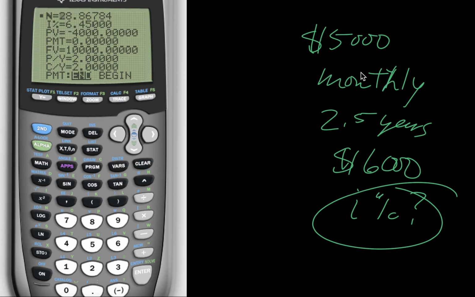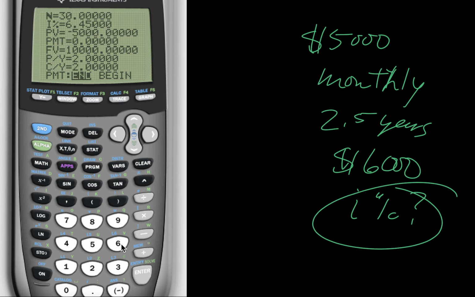Okay. So once again, monthly 12 times for 2.5. So 12 times 2.5 is going to give us 30. So we enter 30. The interest is what we want to know, so just skip over that. The principal amount is 5,000. Payments are still 0, we're not dealing with that.